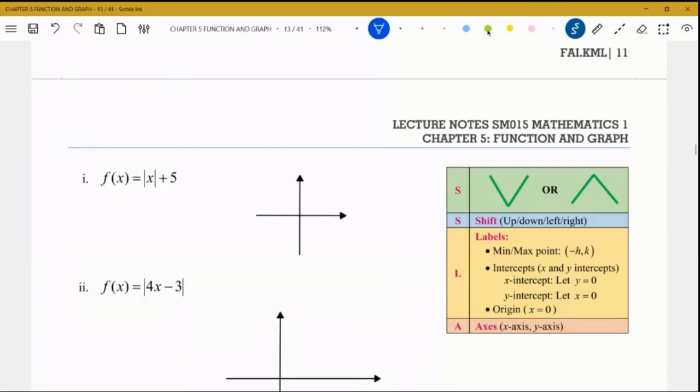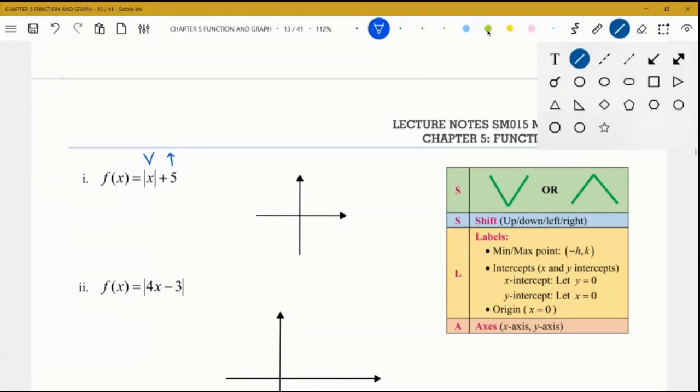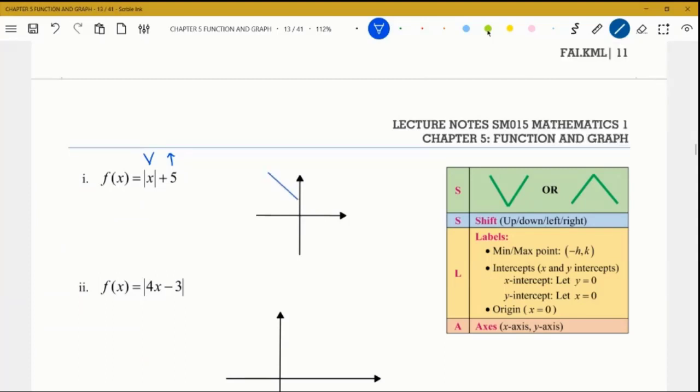So it's positive, so dia adalah V-shape ke atas. Plus 5 dia adalah shift up sebanyak 5. So your graph, kita akan lukis V-shape ke atas. So we're gonna have this one will be 5.